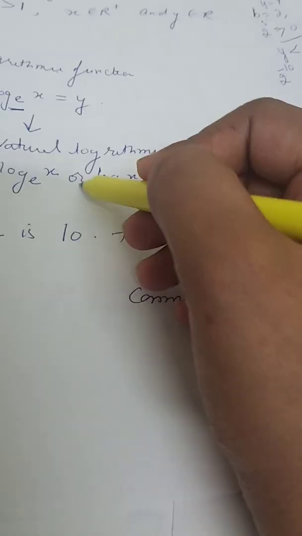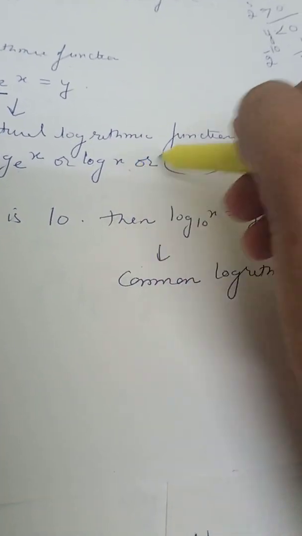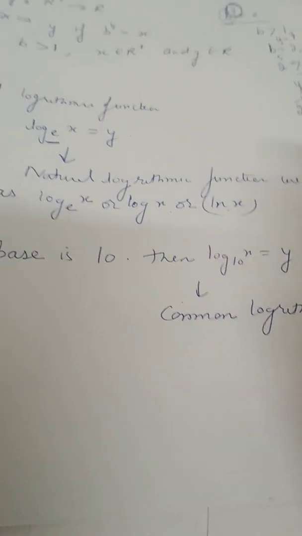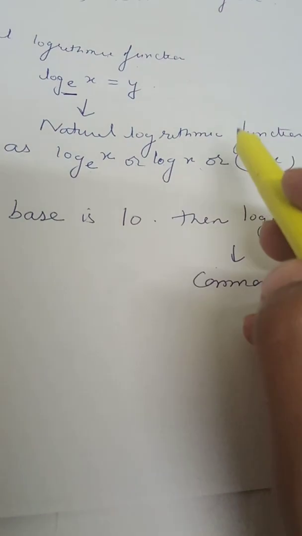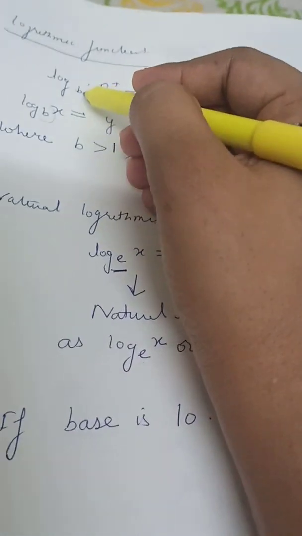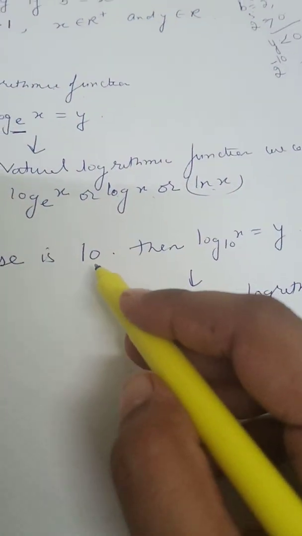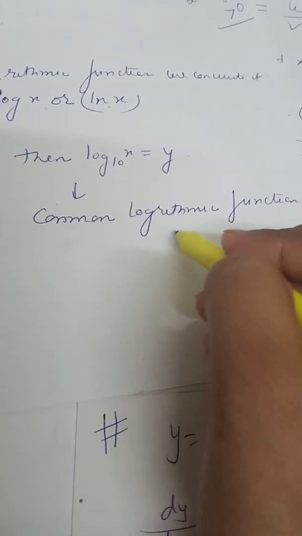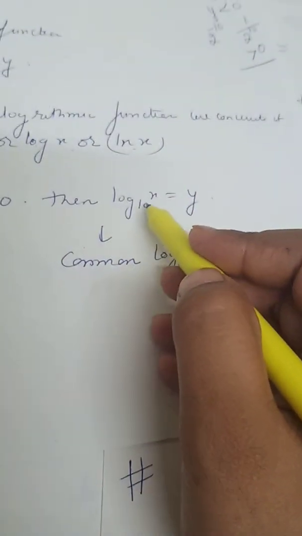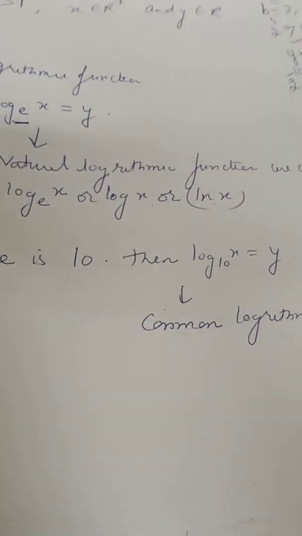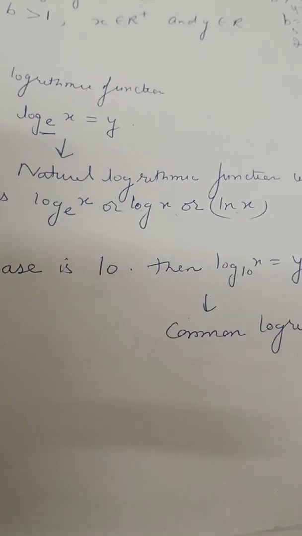We can write it as log base e of x, or simply write log x or ln x. If the base is 10, here the base is b, if we take base 10, then it is called the common logarithm function, log base 10 of x equal to y. In this exercise, we will do only the natural logarithm function.